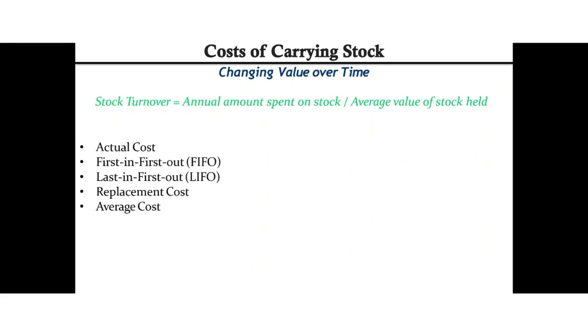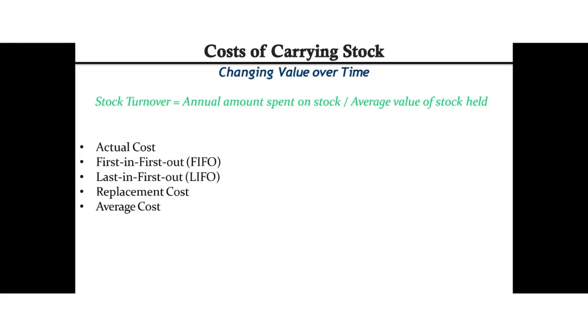The rate of movement is usually measured in terms of turnover, where the stock turnover is the annual amount spent on stock divided by the average value of stock held. For example, if a company spends $120,000 a year on stock and the average value held is $20,000, its stock turnover is 6. This means that on average, items are replaced 6 times a year, and each unit stays on the shelf for 1/6 of a year or 2 months.